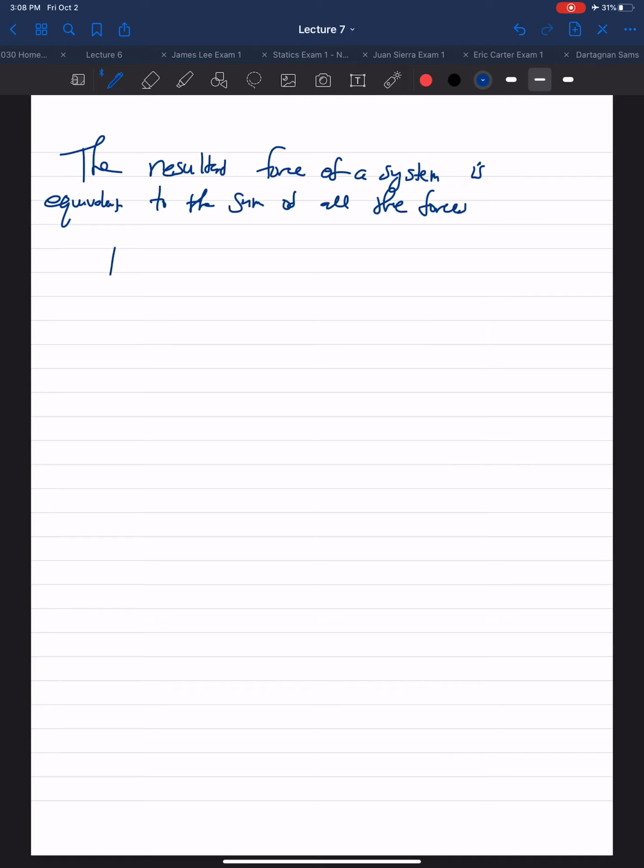So this is basically, your resultant force is just the sum of all your forces, which we've been working with for a while now. And in scalar form, the x component of the resultant force is the sum of all your forces in the x direction. The y component of your resultant force is the sum of all your forces in the y direction.